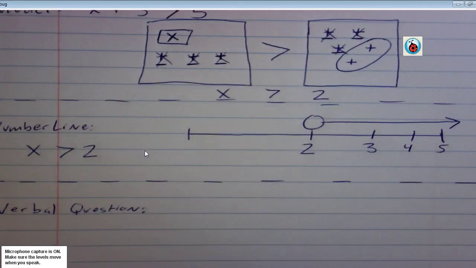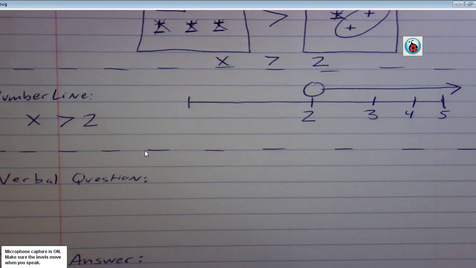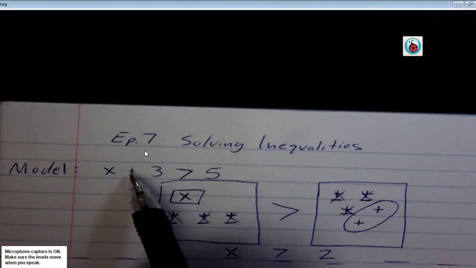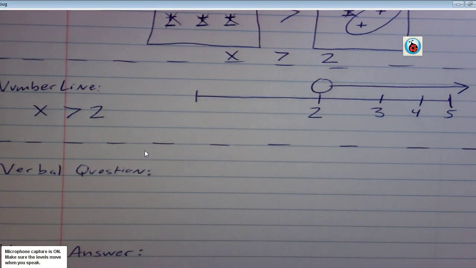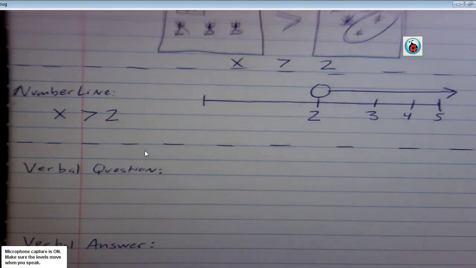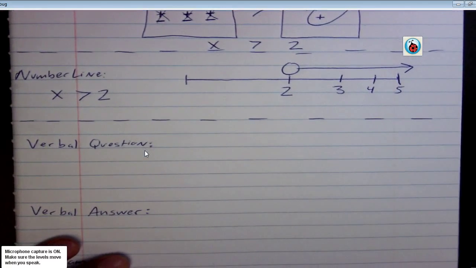Okay? So my next part is we're going to write out what this means. The question we did was x plus 3 is greater than 5. What that means is, what number plus 3 is greater than 5? So I'm going to write that out using actual words, all right?